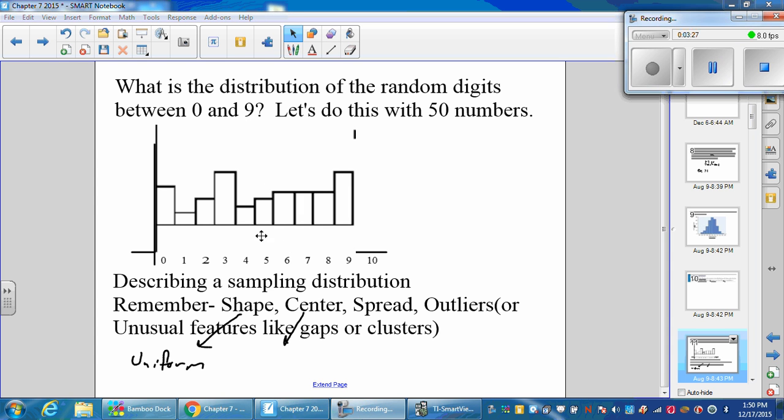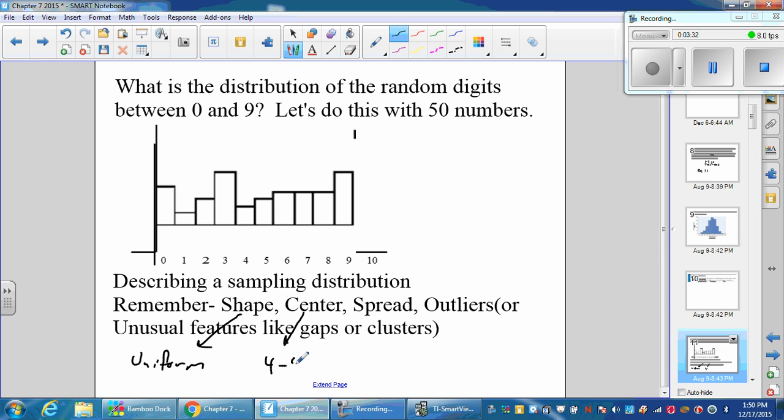I would guess that to be 4 or 5. And the spread of the distribution, we could do standard deviation or variance. But in this case, let's do range, because it's 9 minus 0, which is 9. And there's no outliers in this situation.